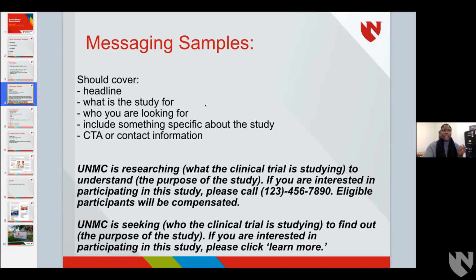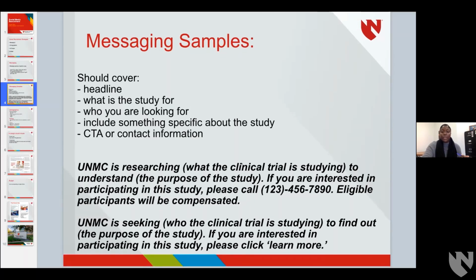Usually when I say something specific, I talk about whether some of the participants will be compensated. A lot of people like to see that. So just anything specific about the study, whether it's some of the requirements, maybe 30 and up, or maybe you're looking for children 8 and up. And then, as always, having a call to action or some type of contact information.